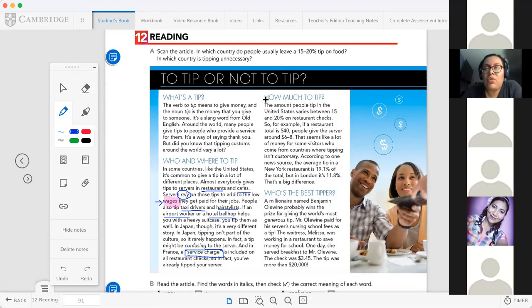Now, how much to tip? ¿Alguien que me ayude? Someone different? Ay, babies, terrible, eh? Come on, someone give me a hand. Fanny, can you help me?